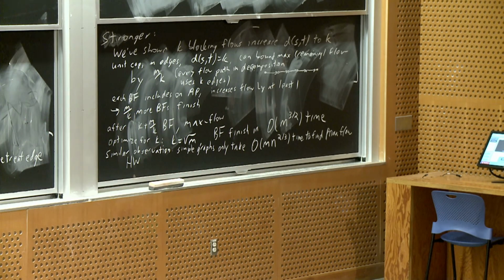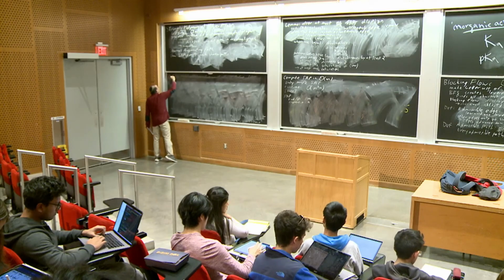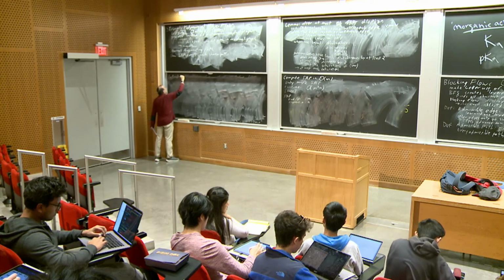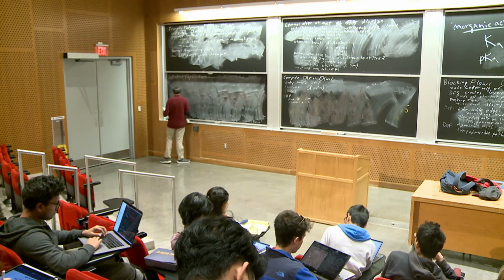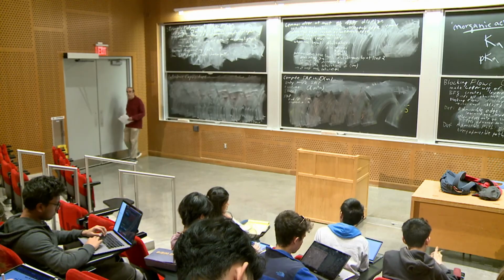So blocking flows are already nice in what they do for unit capacity graphs, but our goal is general solutions to max flow. So now let's think about what happens when we introduce capacities. Okay.